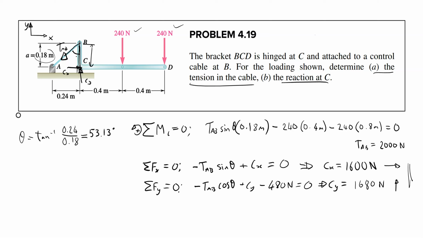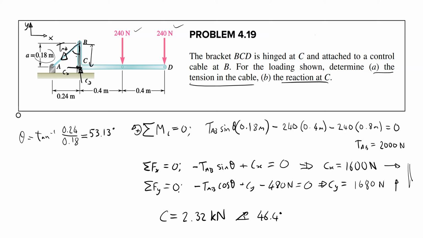Hopefully what you found was that C has a magnitude of 2.32 kilonewtons, or 2,320 newtons, and we're going to have an angle up from the positive x-axis of 46.4 degrees.